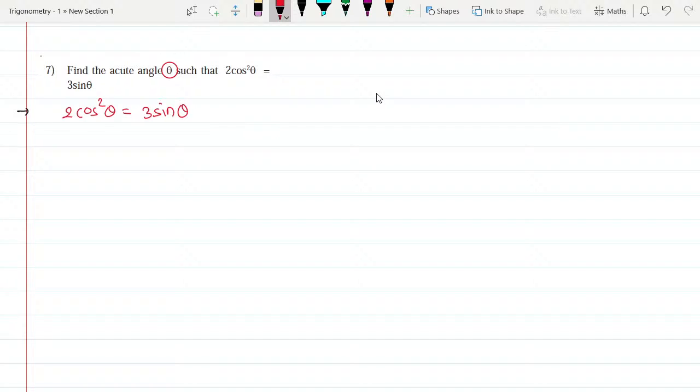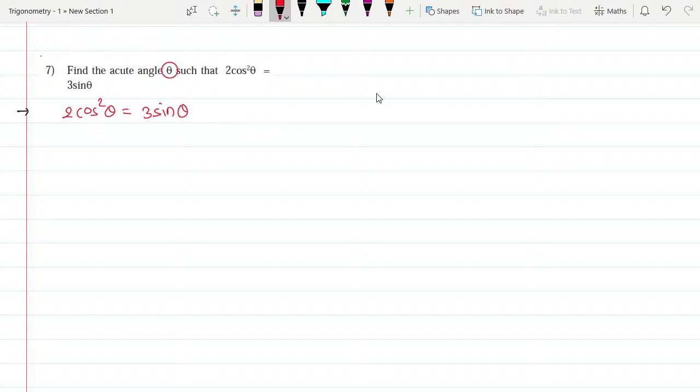See, again the thumb rule is, if the powers of the trigonometric functions are not the same, if there is a cos square and the remaining terms are in sine, then convert it into a single function, either cos or sine. Can I convert this cos square into sine square?